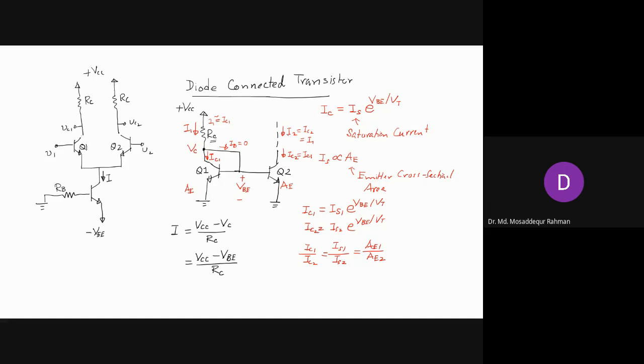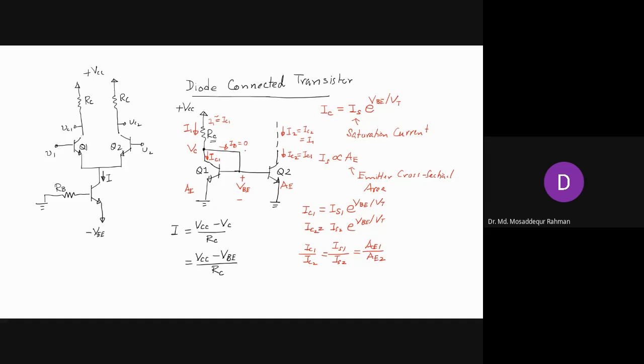So I2 is the same as I1. So the current that we have established in Q1 by choosing appropriate values of RC, we have reproduced in the second transistor Q2.